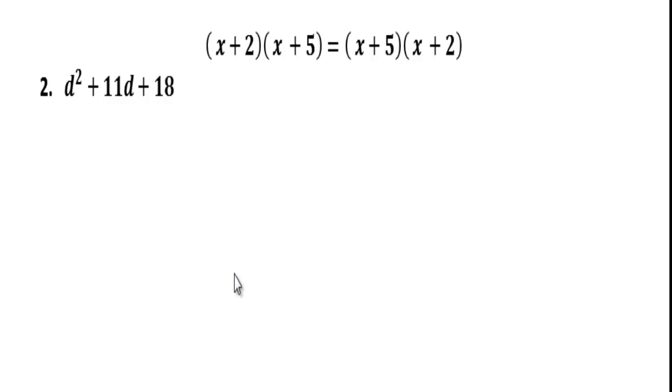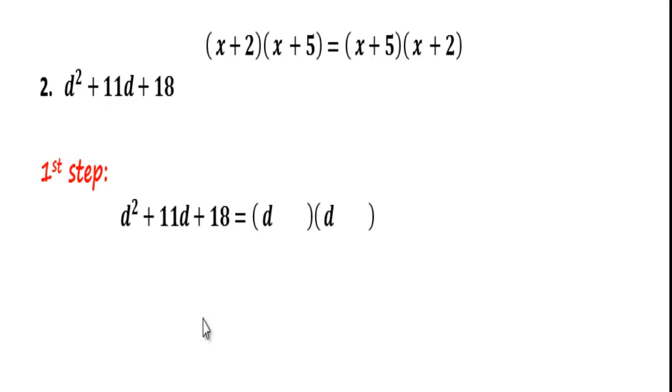Now let's go to example 2, which is d squared plus 11d plus 18. The first step, you are going to open the two brackets for the factorization, that is d squared plus 11d plus 18 will be equal to open bracket d, and then give space, close the bracket, open bracket again, d, keep space and close the bracket.